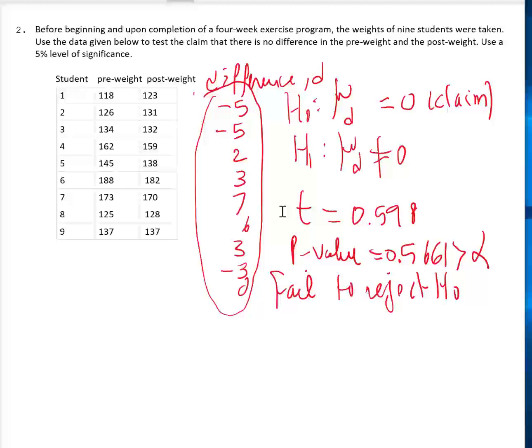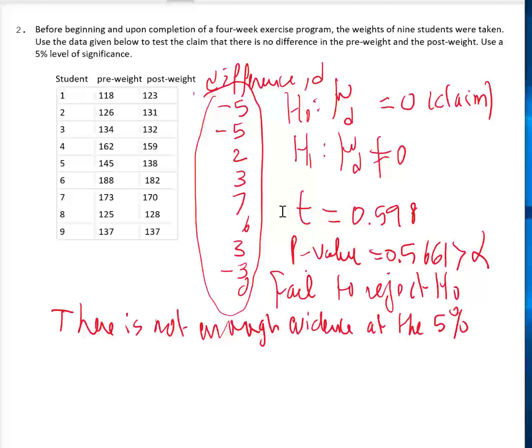And if you fail to reject H0, here's how you start the conclusion. When you fail to reject H0, we start with: there is not enough evidence. What's the significance level? 5%. At the 5% level of significance, we don't have enough evidence to reject.